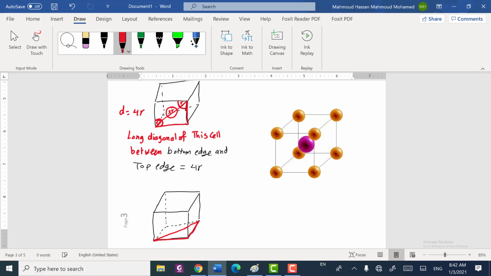This diagonal is the hypotenuse, represented by the symbol m, and the edge length equals x. If you want to calculate m in this case, m squared equals x squared plus x squared. This is equation number 1.